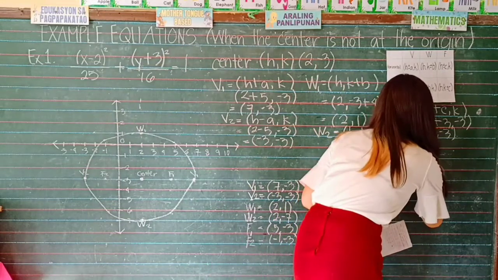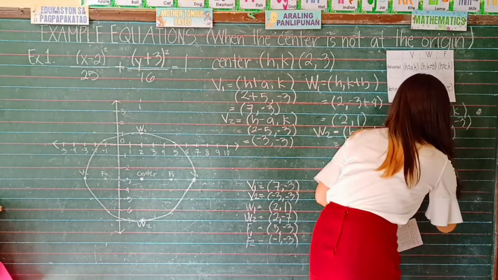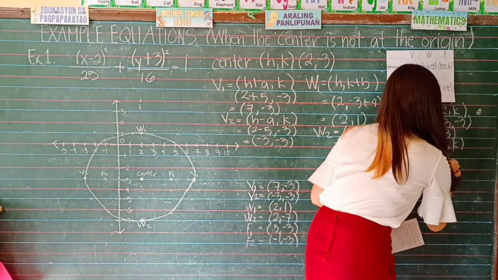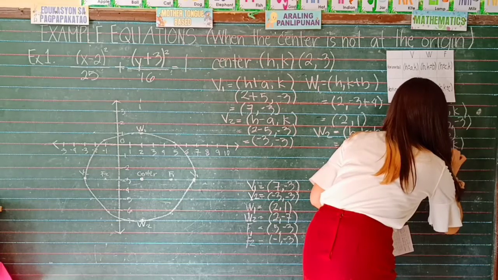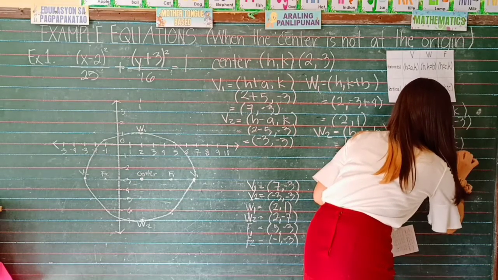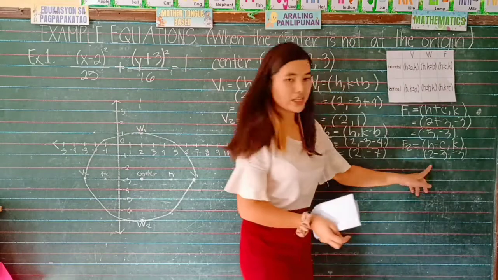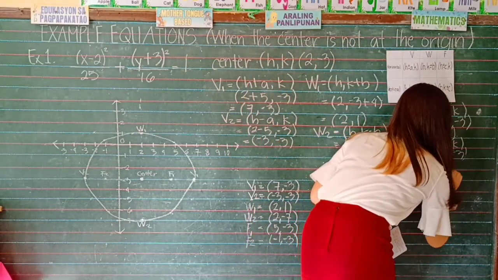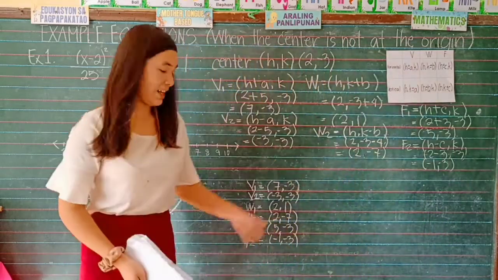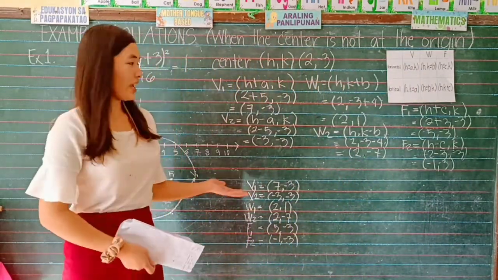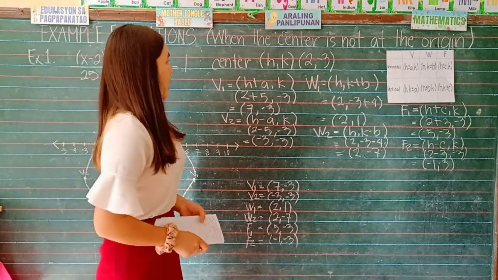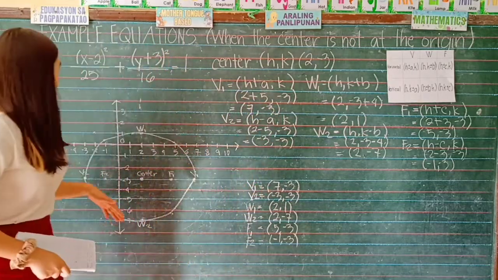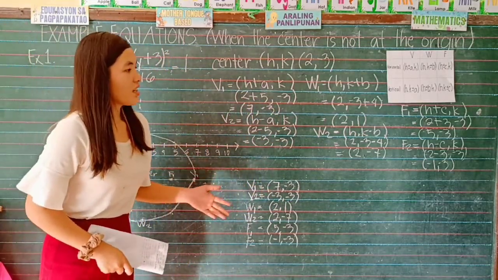And then f sub 2: 2 minus 3 is equal to negative 1. So these are the ways to get the ellipse when the center is not at the origin and when our principal axis is horizontal.